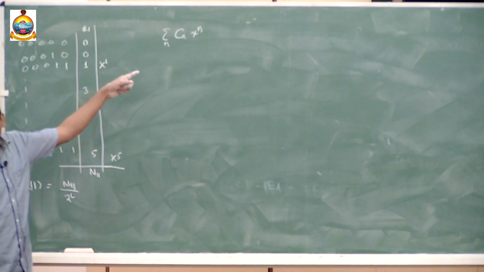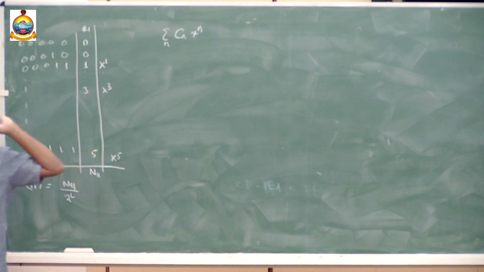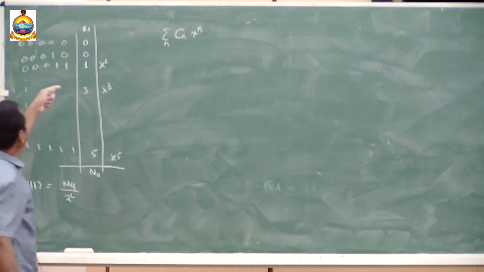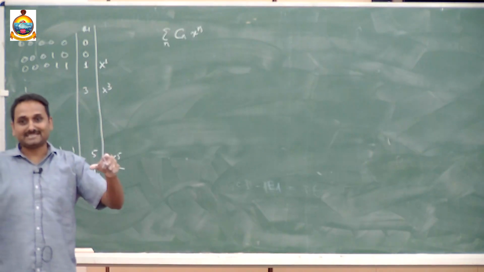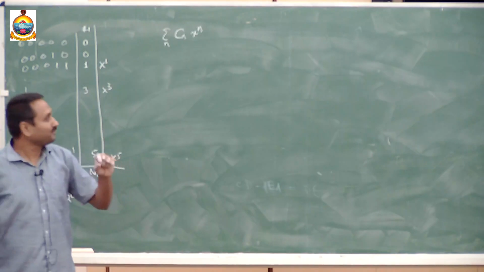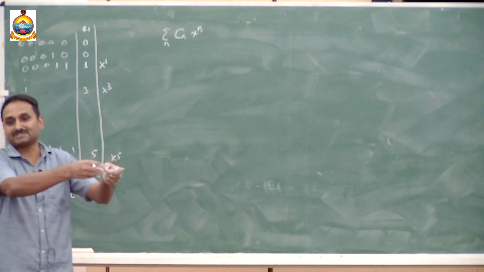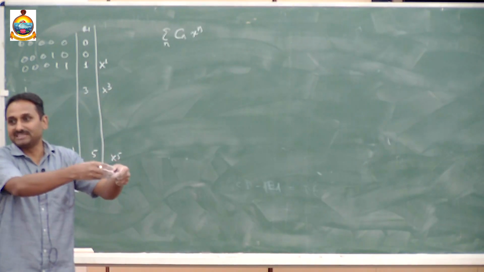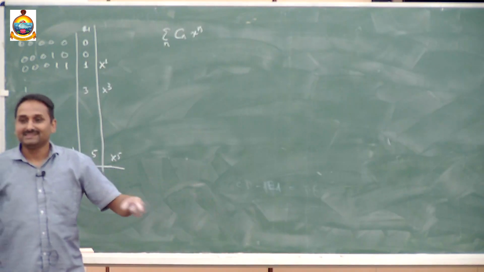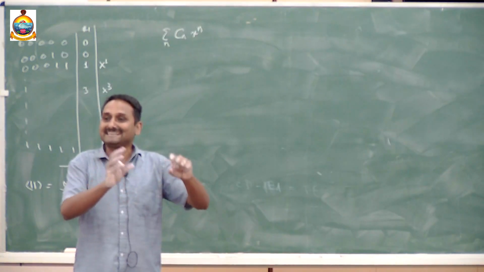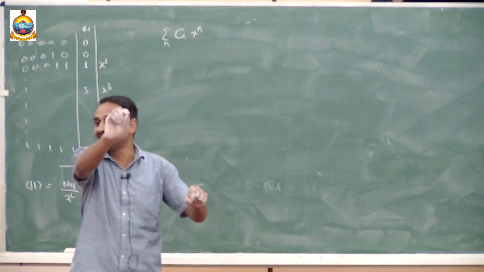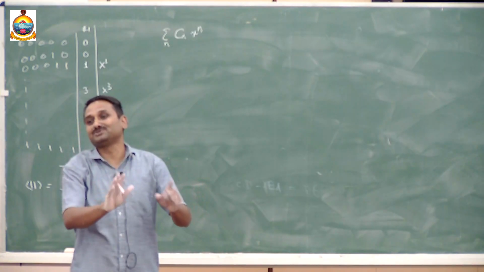And can you now recognize what is Cn? Because if it is, x will not mix up with x square, right? So for each configuration, you have put some power of x. If you just add them, the coefficient of x to the power n is exactly the number of configurations which have n consecutive ones.